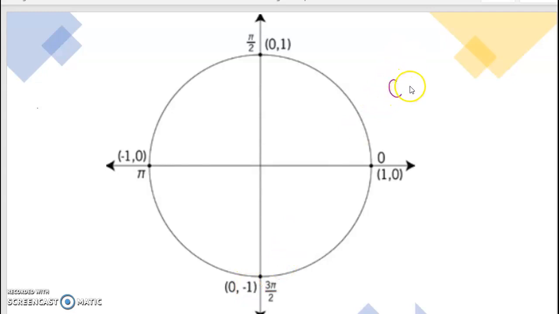And we need to remember that the first coordinate is always the cosine of theta, and the second one is the sine of theta. So we'll use our x values when we're graphing our cosine function, and we'll use our y values when we're graphing our sine function. And as you rotate around this circle multiple times, that gets you multiple repetitions of the wave.